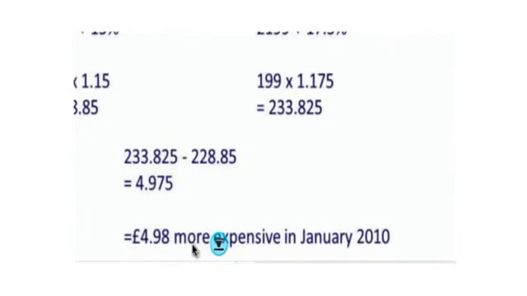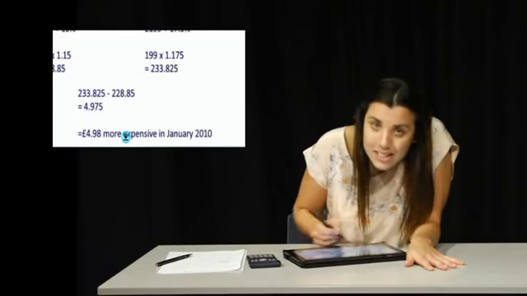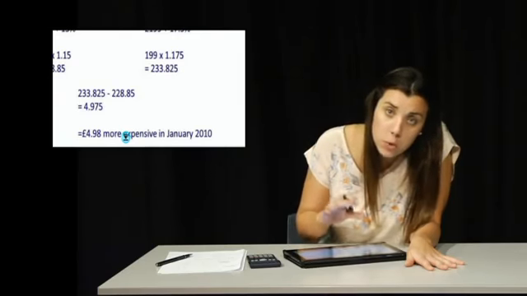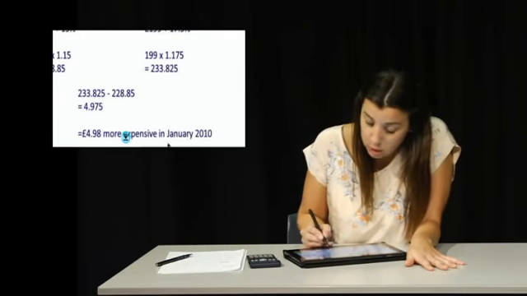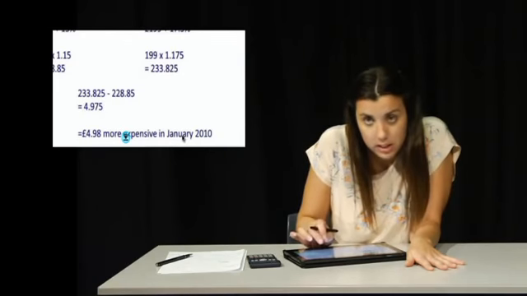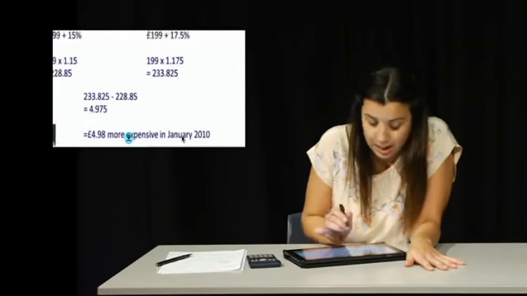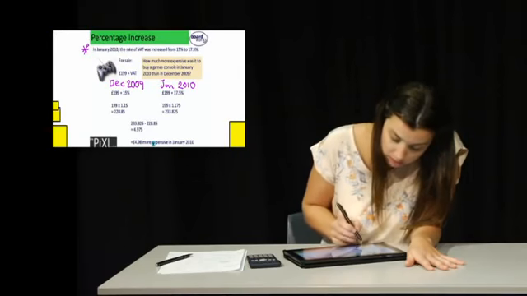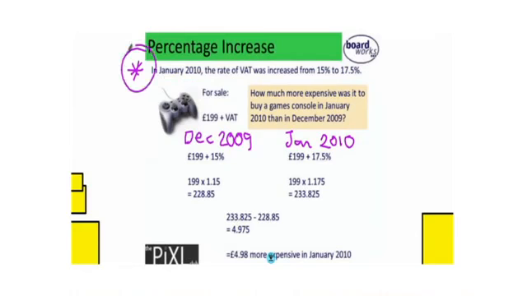And then key, more expensive in January 2010. That sentence there is you communicating to the examiner that you realise that in January 2010 it was this much more expensive than in December 2009. And that is why there's going to be a star here and an extra point available for this sentence at the end, which is your conclusion.